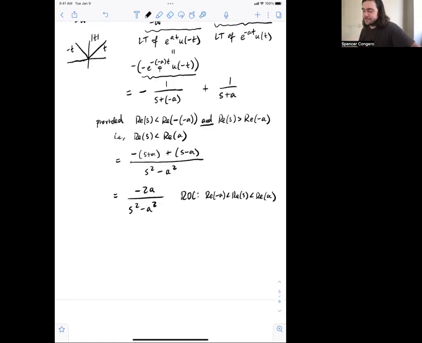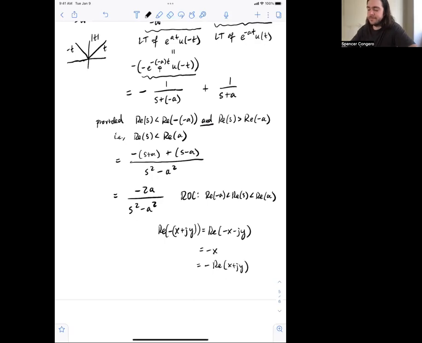Those are equal because if I have a complex number like x plus jy, and I want the real part of the negation of that, this is just the real part of negative x minus jy. But that is just going to be negative x, which is negative the real part of x plus jy.